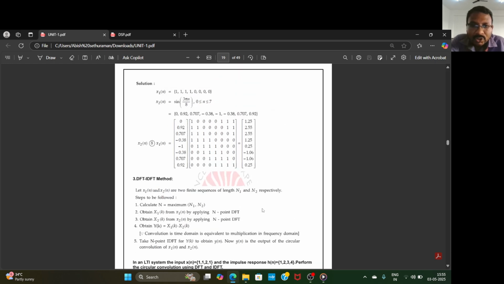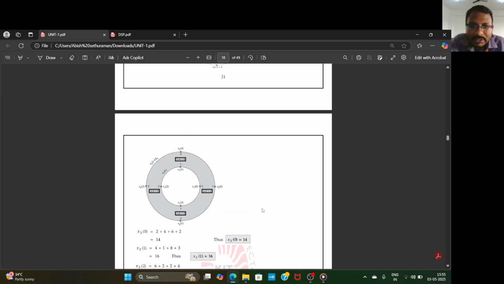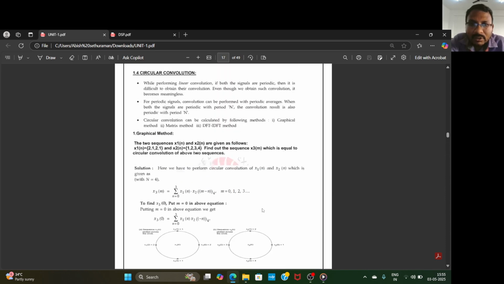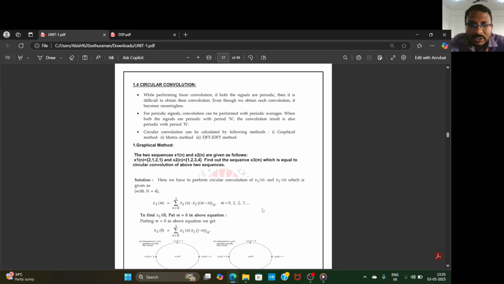So this is the topic we have covered in this session: circular convolution. Circular convolution is normally a multiplication of two sequences. It consists of three methods: the graphical or concentric circle method, then the second is the matrix method, and the third is the DFT and IDFT method.